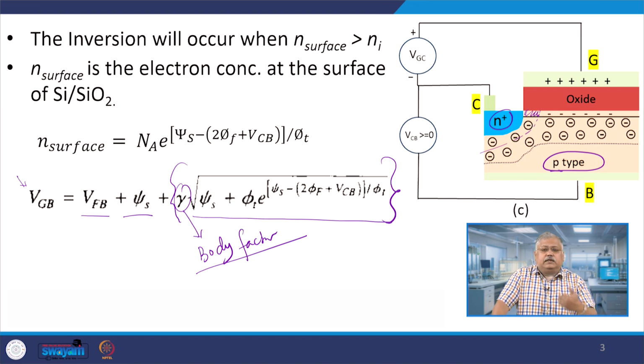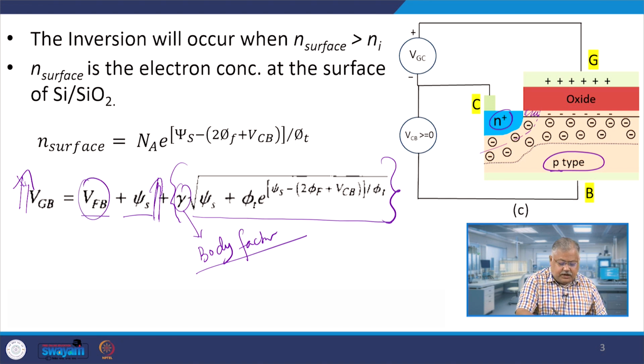If you go on increasing the gate bias, obviously your psi s will go on increasing. So if you increase this quantity here, this being almost constant, this quantity will increase, psi s also goes up, and so on and so forth.